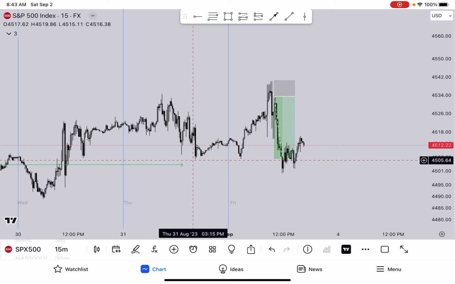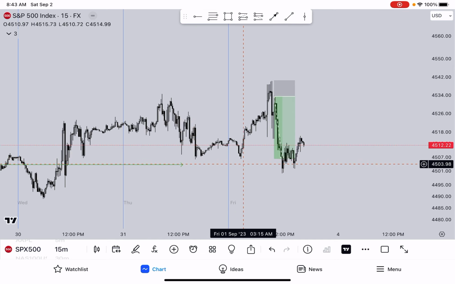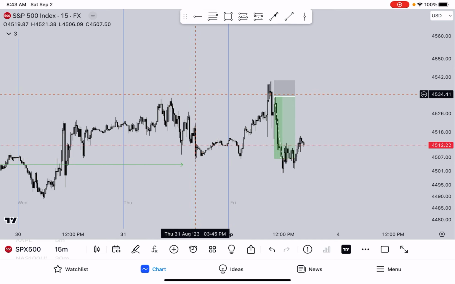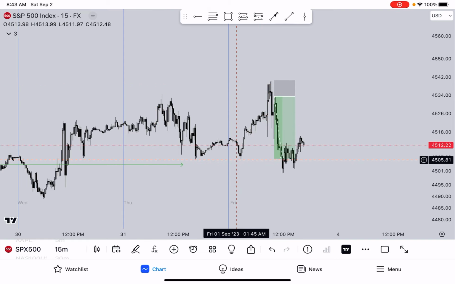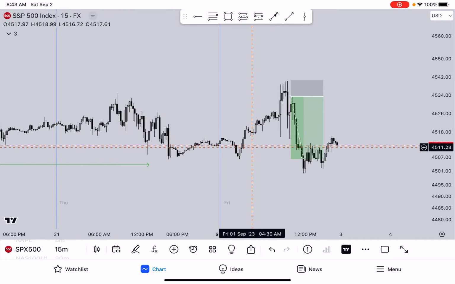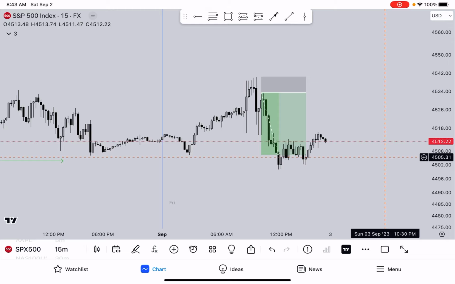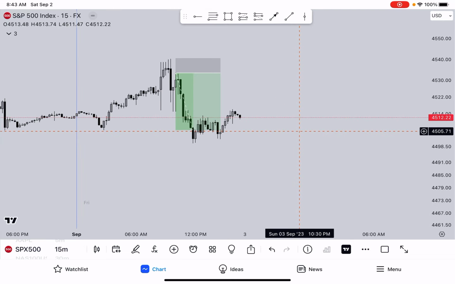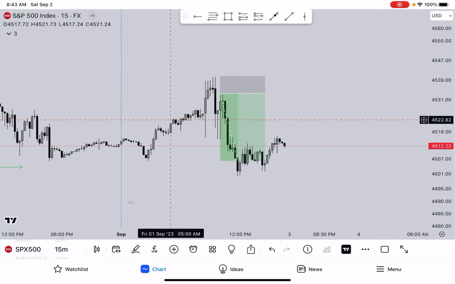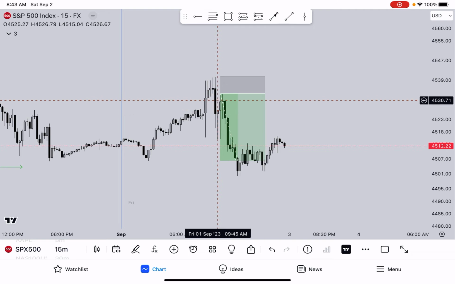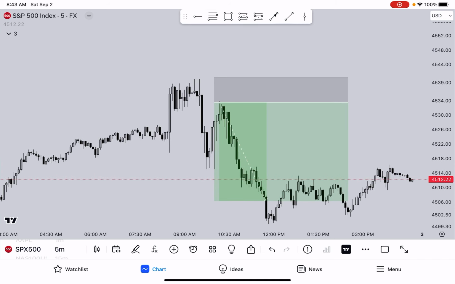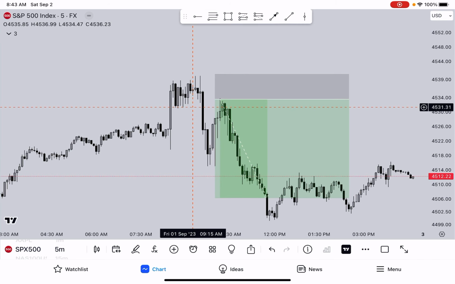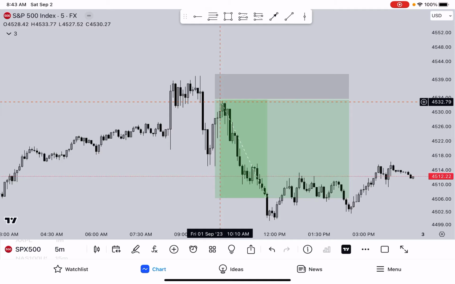I love these double bottoms for bottom side liquidity, because I'm assuming highs got taken, so here we go. We should short into this area here, which is where my TP is. On the 15-minute, we do see that bearish candle, fair value gap, perfect to the T. I did not execute on that.